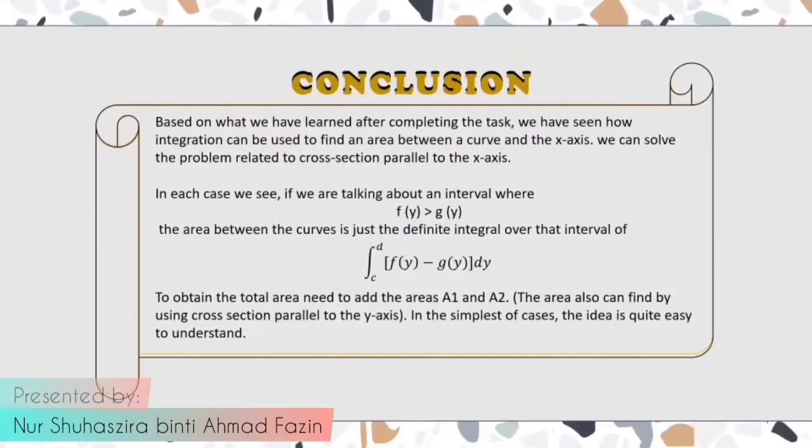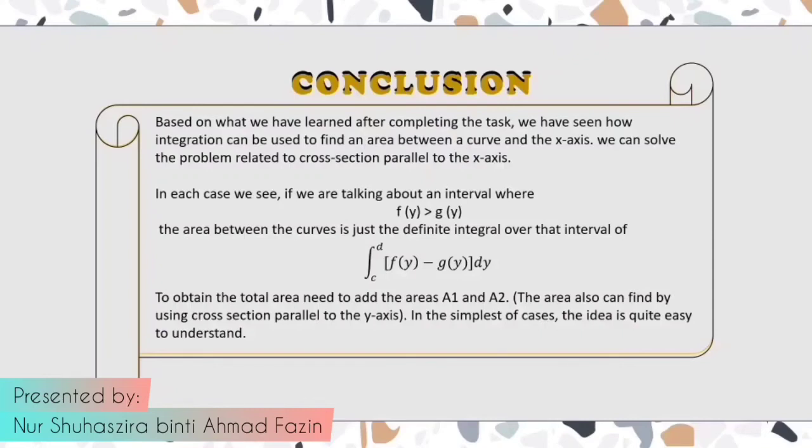Conclusion. For the conclusion, based on what we have learned after completing the task, we have seen how integration can be used to find an area between a curve and the axis. We can solve the problem related to the cross-section parallel to the x-axis.